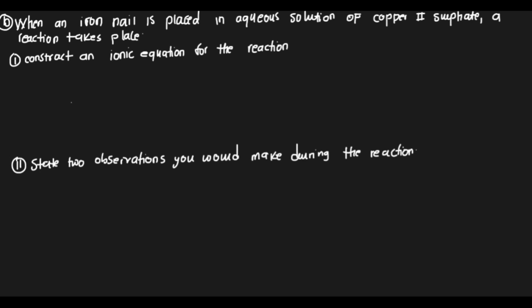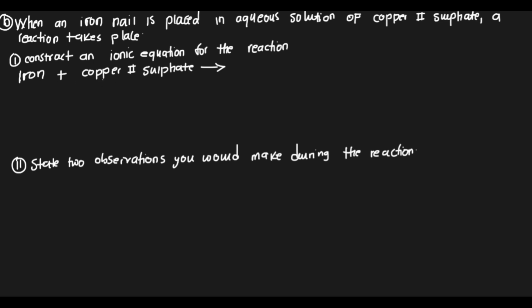Okay, so now we move on to question B, the last one. When an iron nail is placed in aqueous solution of copper 2 sulfate, a reaction takes place. Construct an ionic equation for the reaction. So we have iron plus copper 2 sulfate. Now for this reaction to take place, we need to make sure that the metal that we are using here is more reactive than the one in the compound.